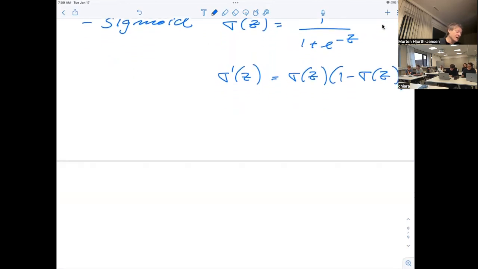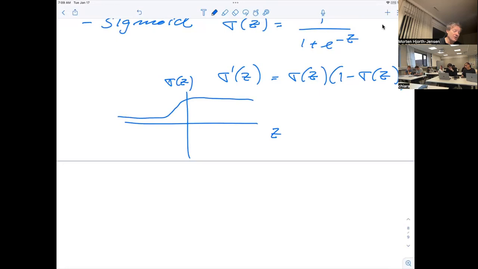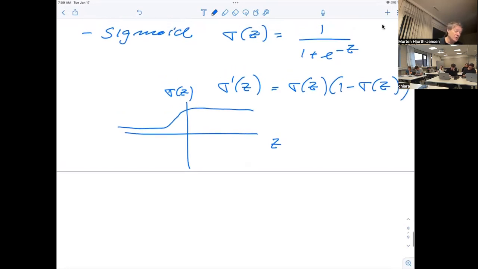Now, if you make a plot of this function as a function of z, so this is the sigmoid function, what you will typically see is that the function can take values like this. So this is very schematic. When the values of z become very large, then the function becomes basically flat. That means that when you look at values for the derivative in this region here, the derivative is getting close to 0.